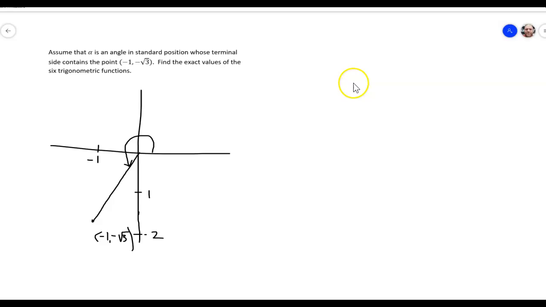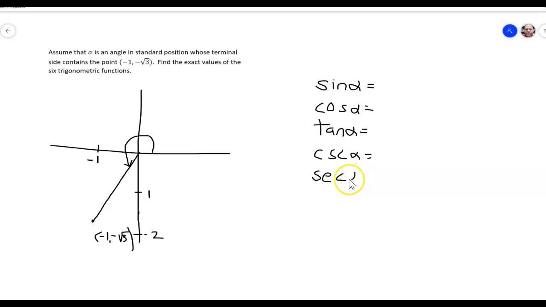And we're going to look at the sine of alpha, the cosine of alpha, the tangent of alpha, the cosecant of alpha, the secant of alpha, and finally the cotangent of alpha.